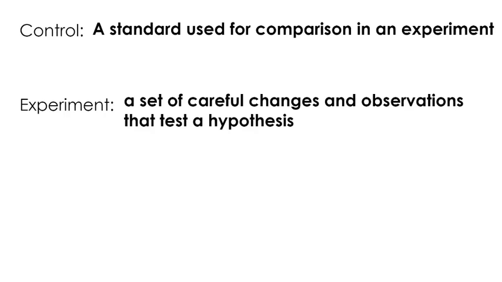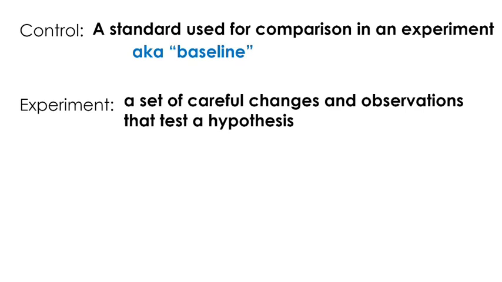So for the best experiment, we would need to have one plant of the same type, as everything is the same as possible as the plant we're going to change the amount of water on, so that the only thing different between the original plant and the other plant is the amount of water, and then we can compare it better and see if the water is the thing making it grow taller, or if maybe there's some other factors there.